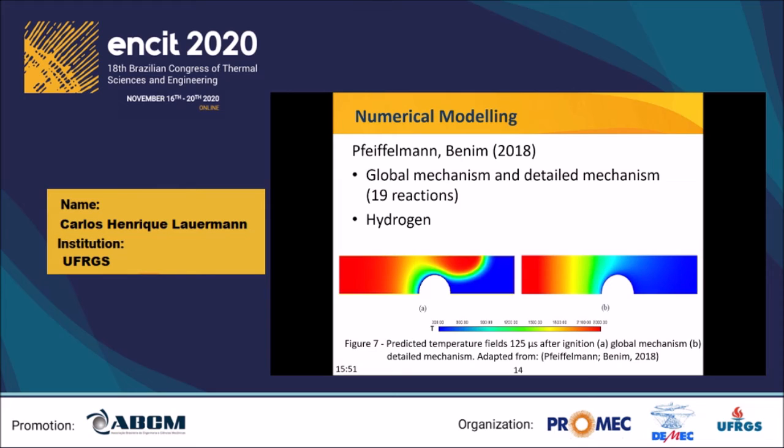So his big conclusion is that the Thales mechanism is able to better represent physical phenomena, because as it considers more species, the thermodynamic properties are better calculated, better representing the phenomena.